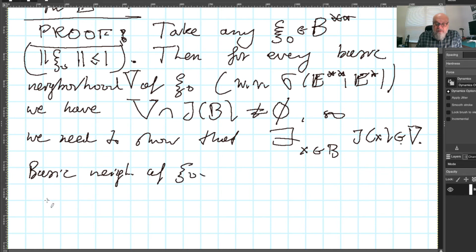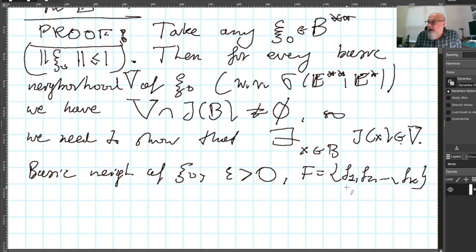Of course, this means we need epsilon larger than 0, and a finite set F1, F2, up to Fk, k of them. And what do I have here? This V can be written as follows.